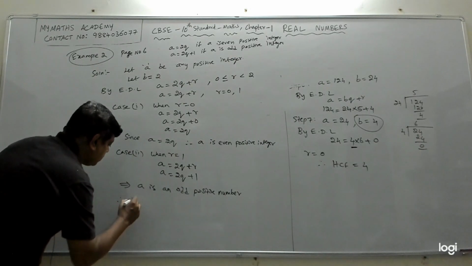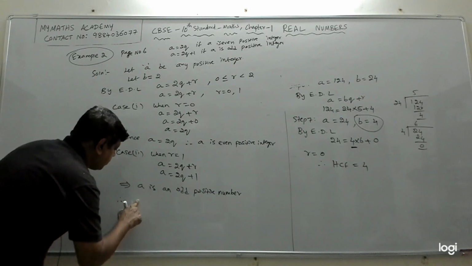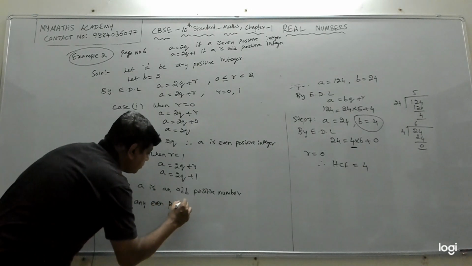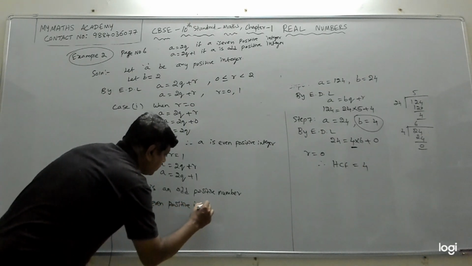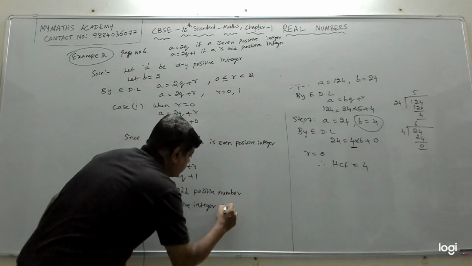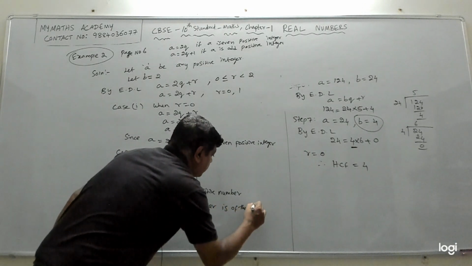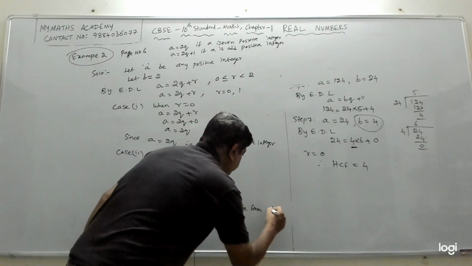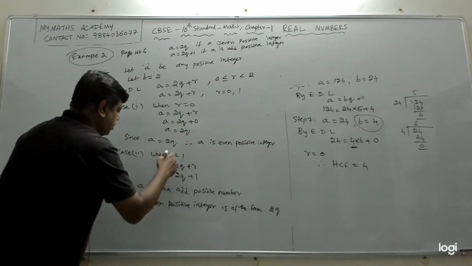Therefore, any even positive integer is of the form 2Q.